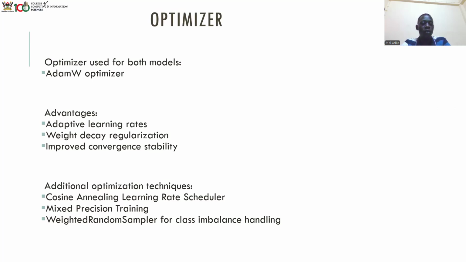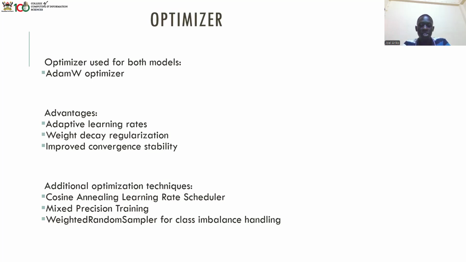Additional optimization techniques were the cosine annealing learning rate scheduler. It's a strategy to adjust the learning rate during training. You can either increase or reduce the learning rate based on what you want. If you want the model to converge earlier, you can increase the learning rate; if you want the model to learn slowly, you can reduce it.